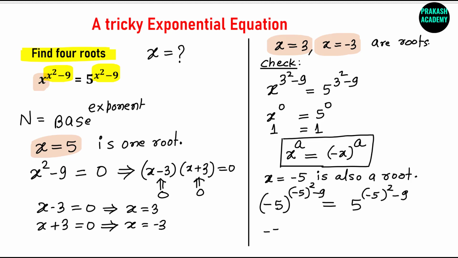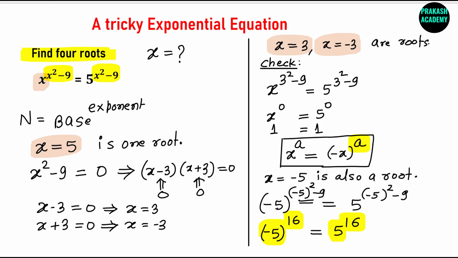So I will have minus 5 and this will become 16, and this side we will also have raised to the power 16. So you see, in this case a is an even number. So a is even, 16, and that's why either you take power of 5 or you take power of minus 5, both will be the same.